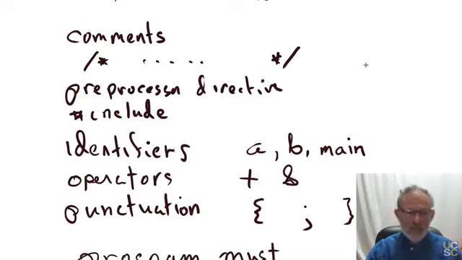A second thing that we've seen already in C programs are preprocessor directives. And the biggie is #include. A preprocessor directive starts with a sharp, and typically, by convention, the sharp should be at the beginning of a line. Then we have a number of possible special words, and include is one that says to the compiler, the following library should be included.